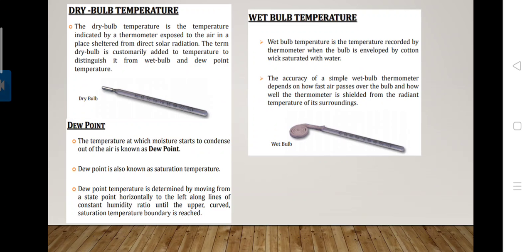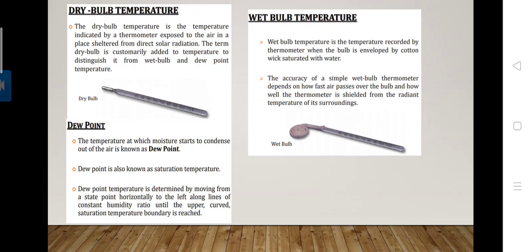Here we can see the thermometer bulb is enveloped by a cotton wick saturated with water. The accuracy of a simple wet bulb thermometer depends on how fast air passes over the bulb and how well the thermometer is shielded from the radiant temperature of its surroundings.